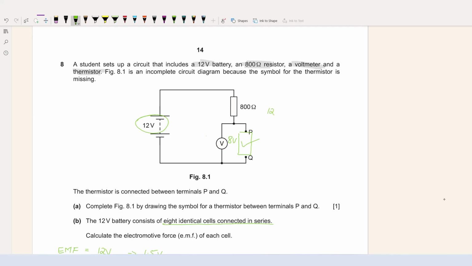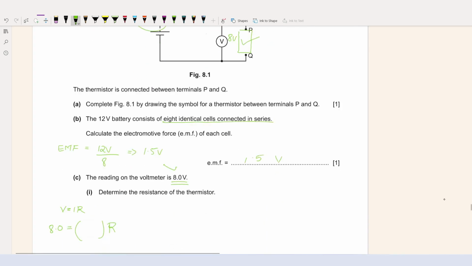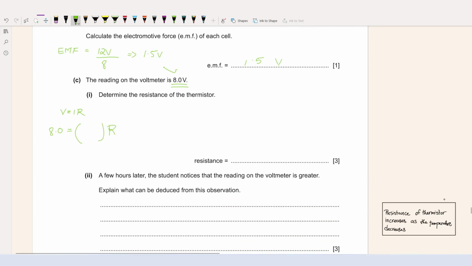So 12 minus 8 will give us 4, which is for this resistor. So we can find out our I with V equals IR. We have 4 and we have 800.